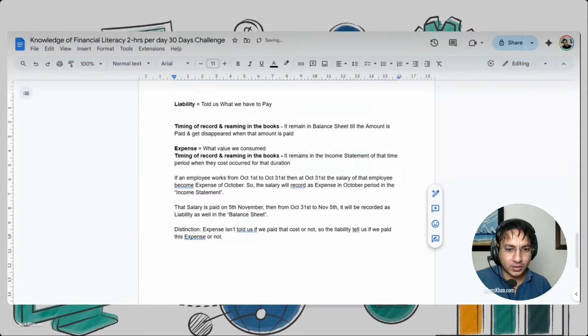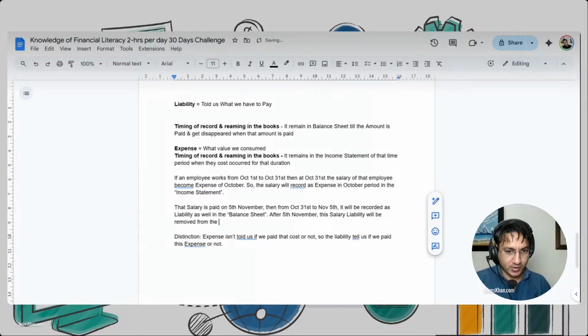Now after 5th November, this salary liability will be removed from the balance sheet. So yep, that's the thing.